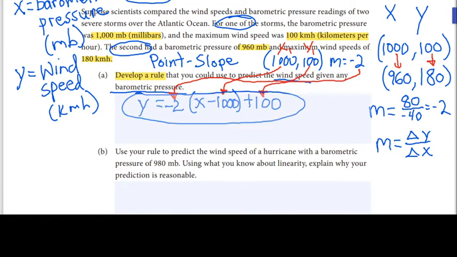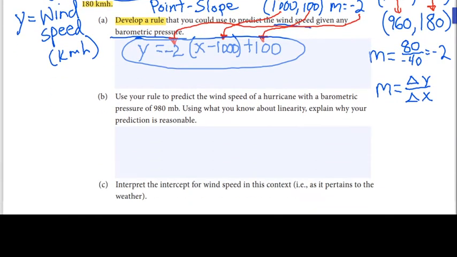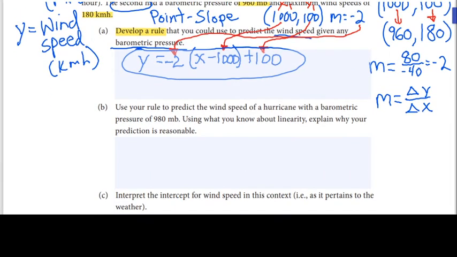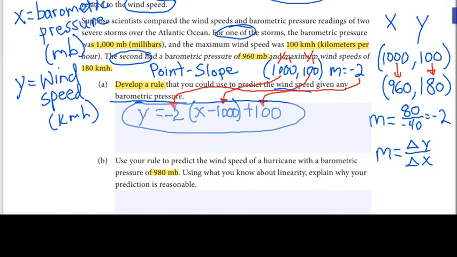All right. So now we're going to move on, and we're going to be asked some more questions here. It says, use your rule to predict the wind speed of a hurricane with a barometric pressure of 980 MB, millibars. If we go back up to this right here, we look over there, well, the millibars are the x values.